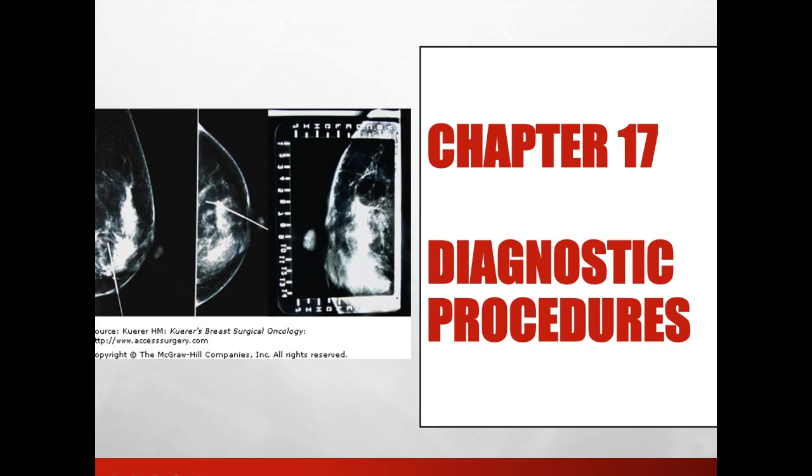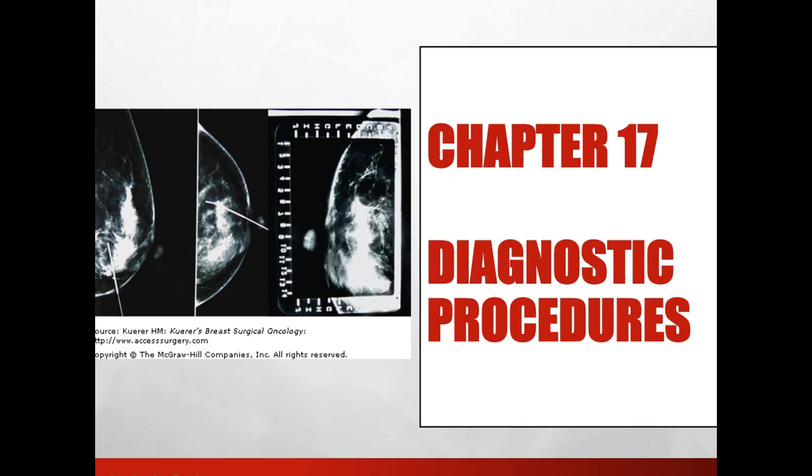So now we're going to talk about Chapter 17, Diagnostic Procedures. We're going to leave the technical aspects of quality control, quality assurance, and physics and go back to focusing on our patient. So let's get started with this.